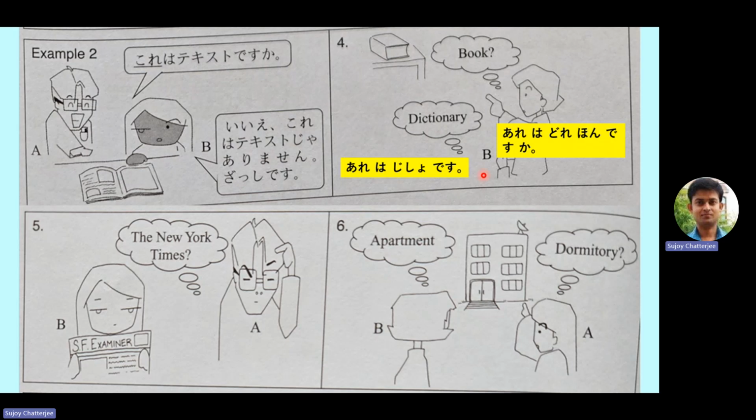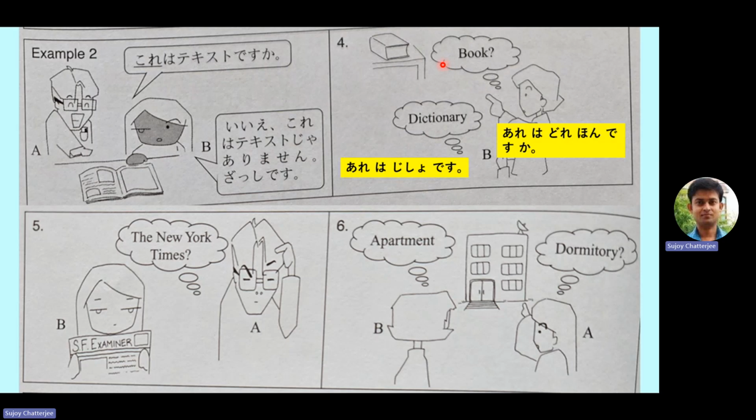So is it clear? Why did we use "Are wa dore hon desu ka?" Because this thing is a book. It's a book, but more specifically it's a dictionary, so there is no contradiction. It's not something else.